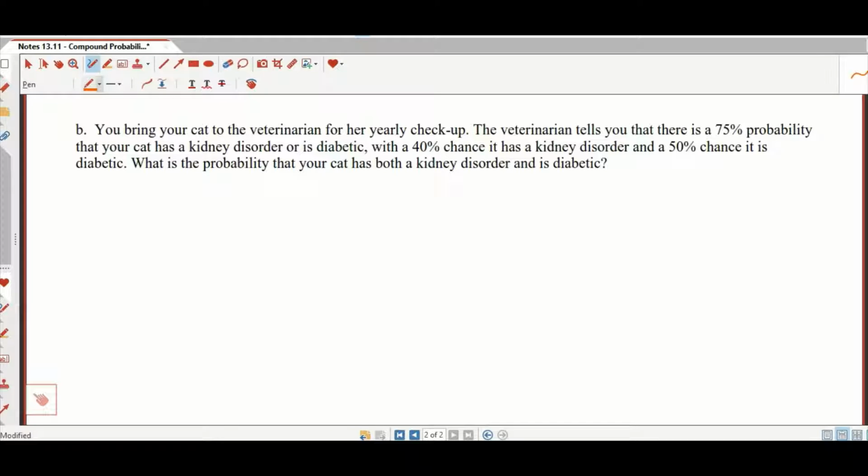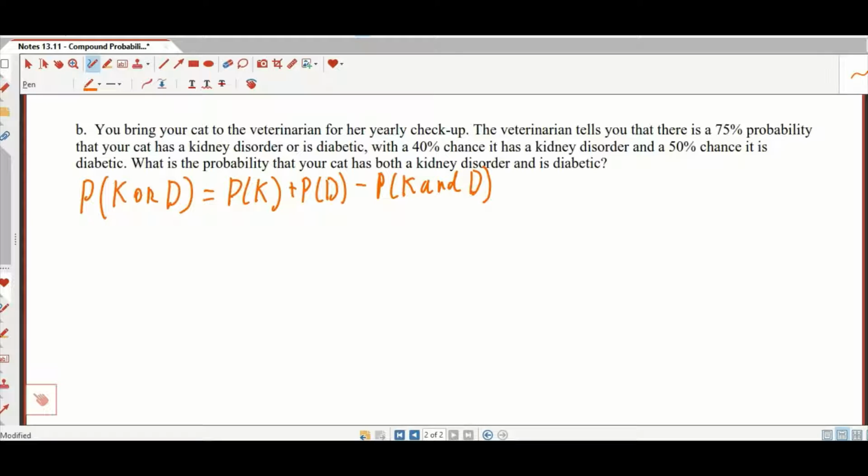So anyway, the probability of, let's say the kidney is a problem, or your cat has diabetes, is equal to the probability that your cat has a kidney problem plus the probability that your cat has diabetes minus the probability that your cat has a kidney problem and diabetes, and you are about to need to take out a loan to save your cat.